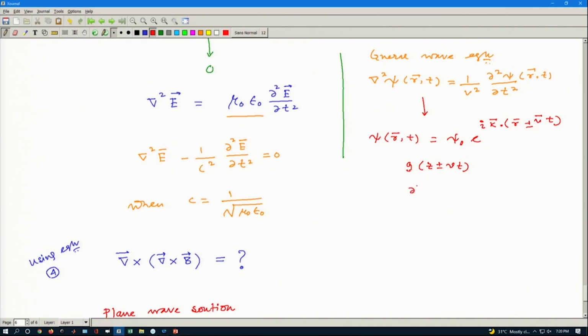So, in one dimension, that was the equation, and we find that if this is the equation, then it is the solution.